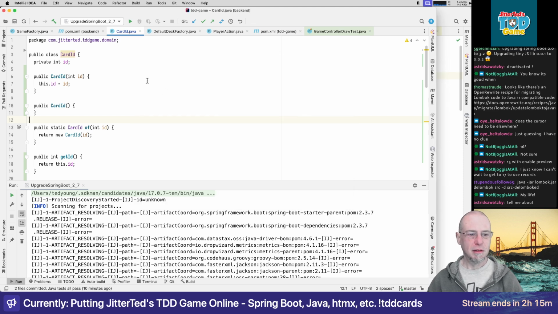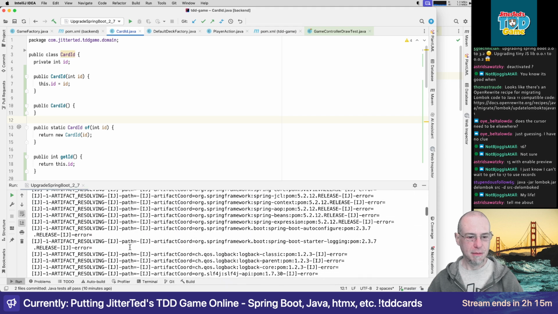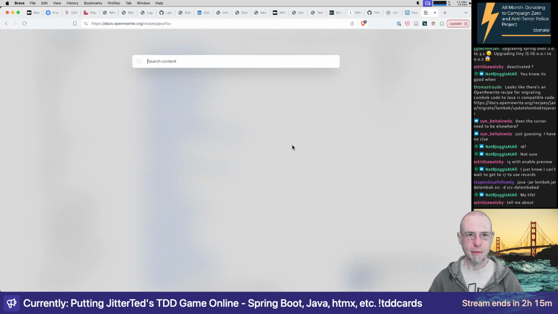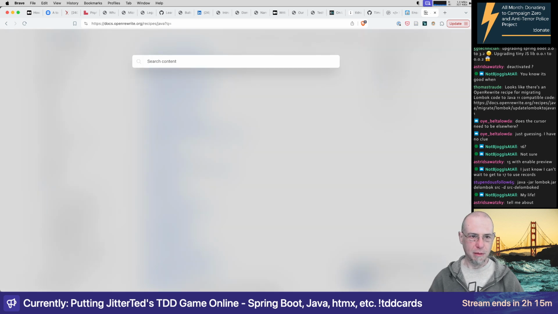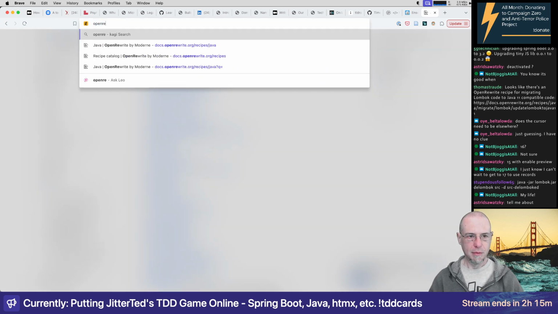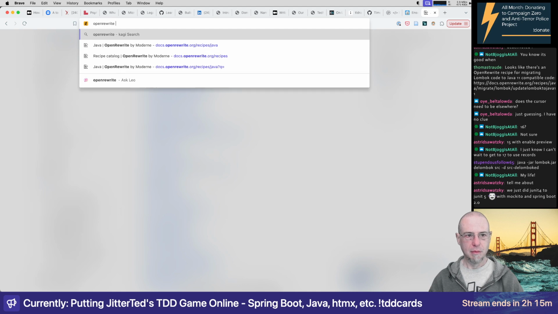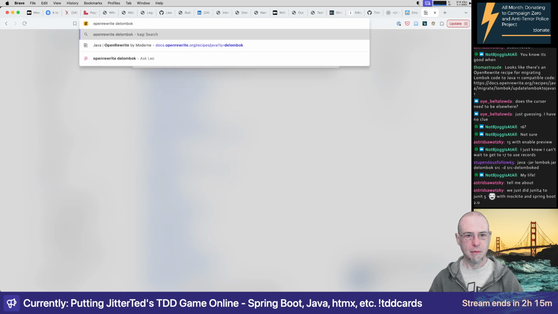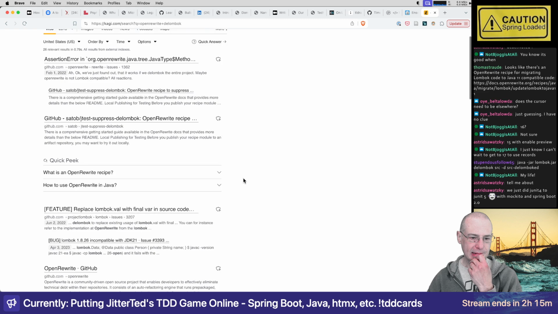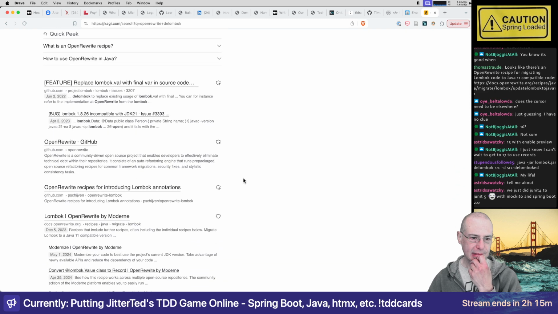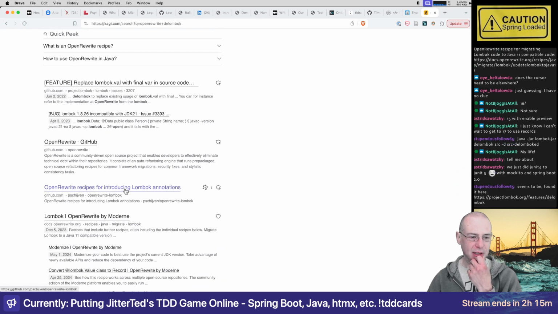We can run Java jar Lombok? I am a little surprised that there's not an OpenRewrite recipe. It's like, no, I would never want to do that.